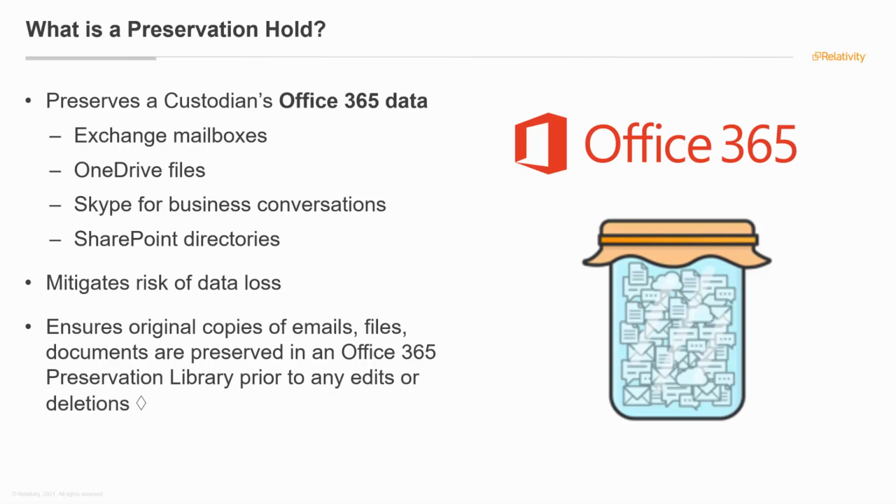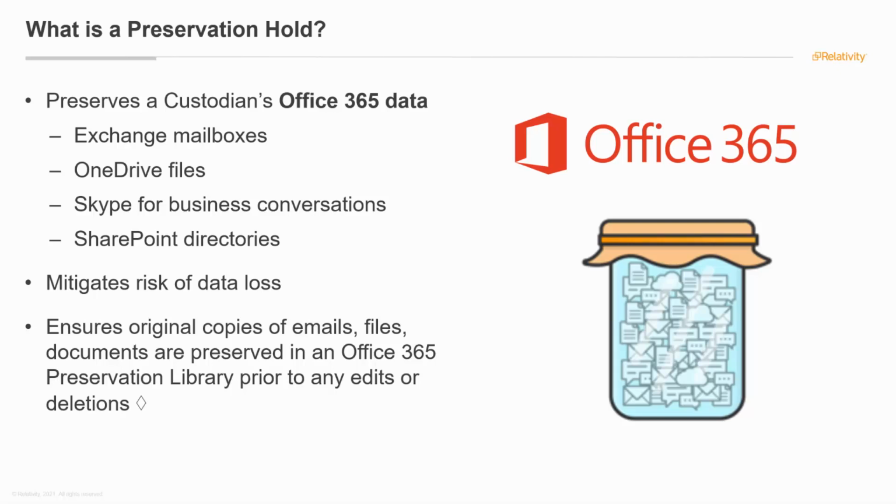So this includes Exchange mailboxes, OneDrive files, Skype for Business conversations, and SharePoint sources. Now, keep in mind that we'll see that the preservation source options will be Mailbox, OneDrive, and SharePoint. But Microsoft stores users' Skype messages inside their Outlook mailbox. So when a mailbox is preserved, those Skype messages are part of that preservation.